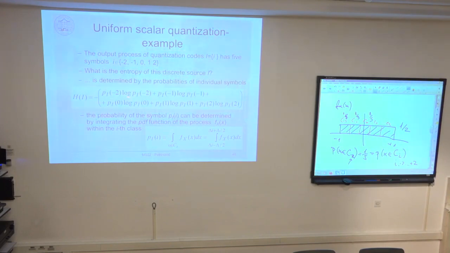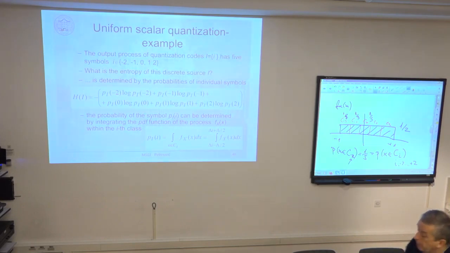And now we can compute the entropy. The probability of -2 is 1/5, times the logarithm of 1/5, plus, and of course the negative sign is extracted in front of the parenthesis. After repeating for all the symbols, what I get is the entropy of the source.